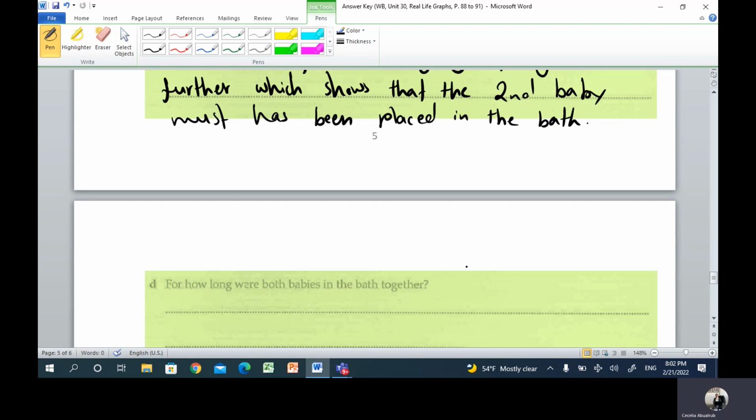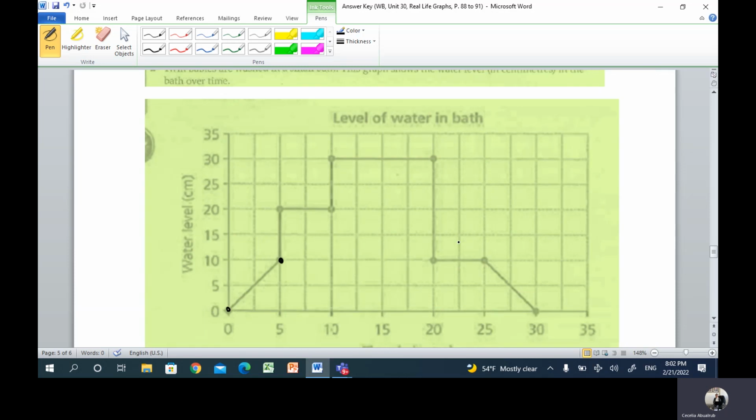Okay, and then for how long were both babies in the bath together? For how long did the two babies stay in the bath together? So as you can see here, we filled the bath with water, and at minute 5 one of the babies was placed inside the bath, and then at minute 10, or after 5 minutes, the second baby was placed in the bath.